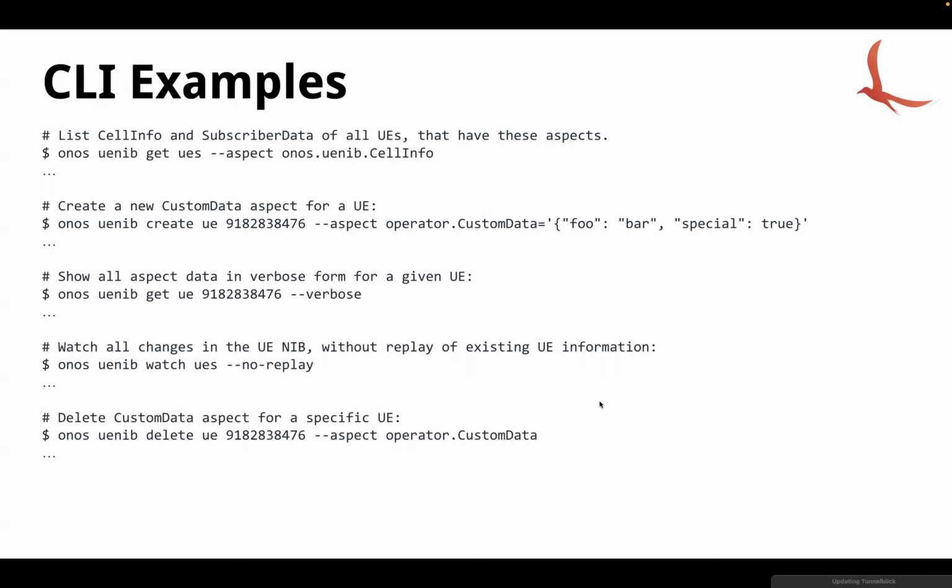And if you wanted to shove information of your own into there, you would just need to define the protobuf. Again, this is just like Topo, it's agnostic to specific messages. Because they're stored, they will get marshaled into JSON, so the UE-NIB subsystem doesn't care. Would you have to do a special build of UE-NIB?